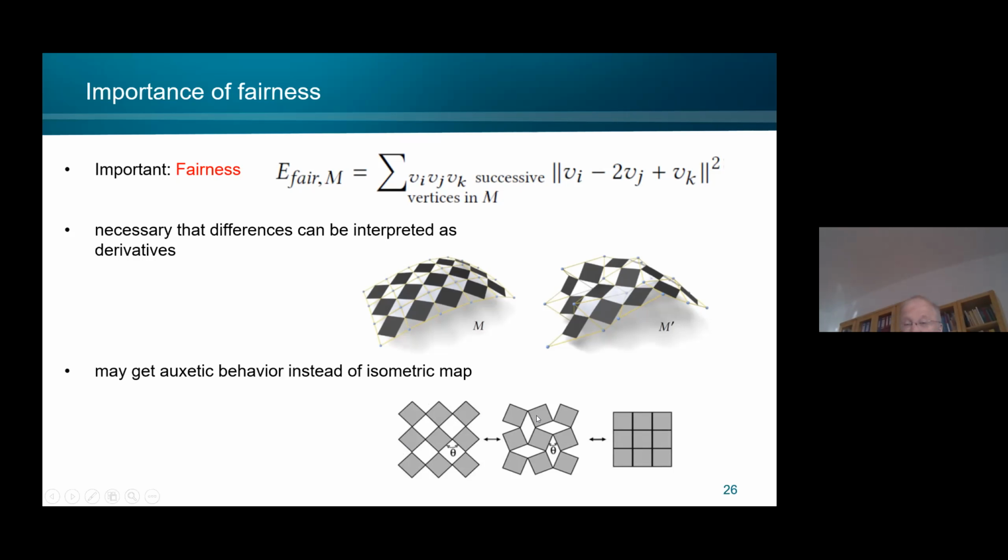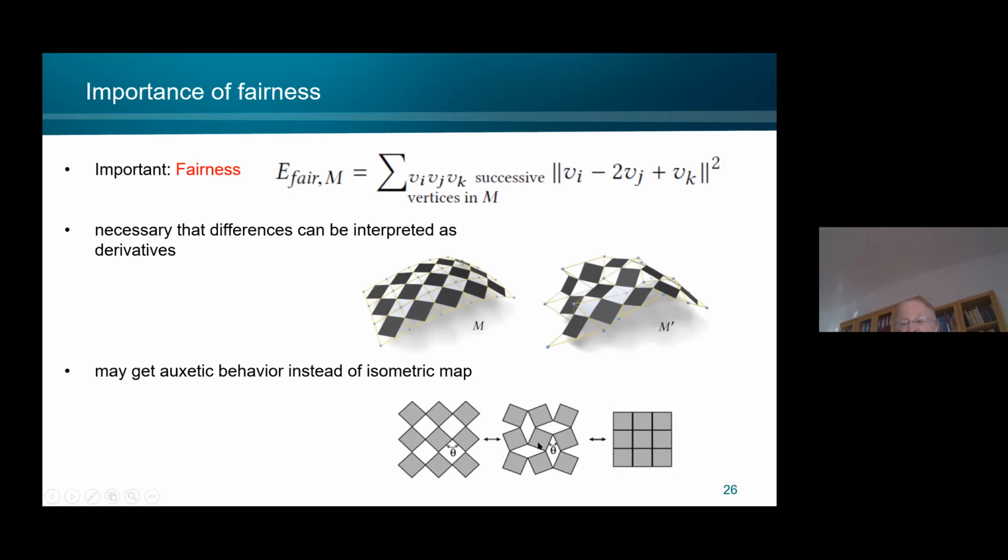You could actually get some auxetic behavior of it. You could map it even into this case where the white faces totally disappear, which is of course not an isometric map. It is some auxetic behavior which can be exploited and which we do in another project, but not when we model an isometric deformation.